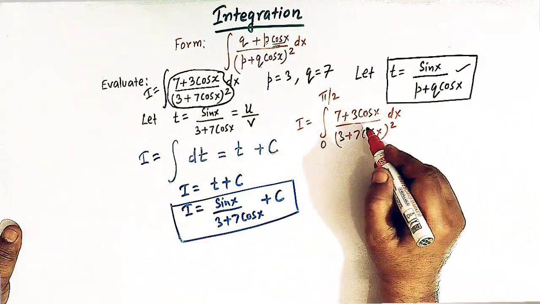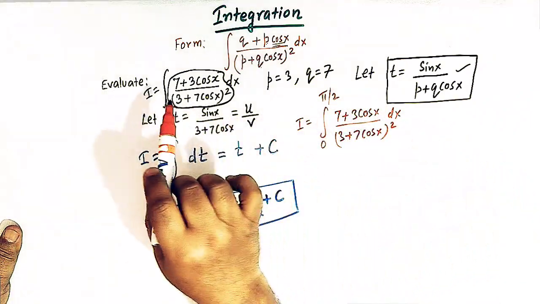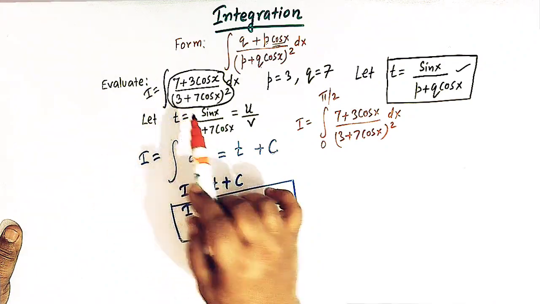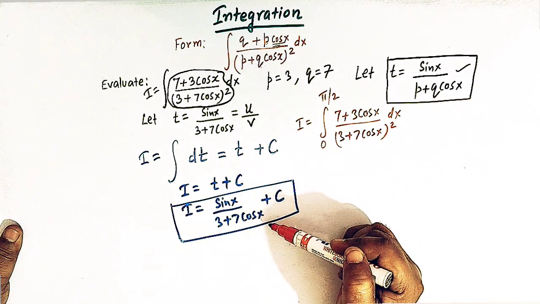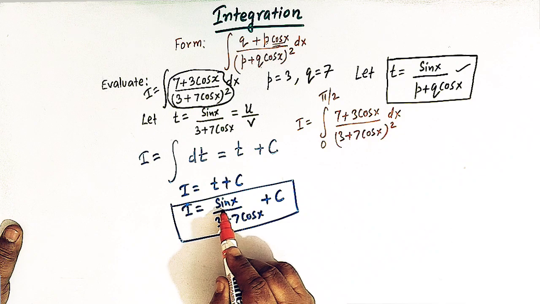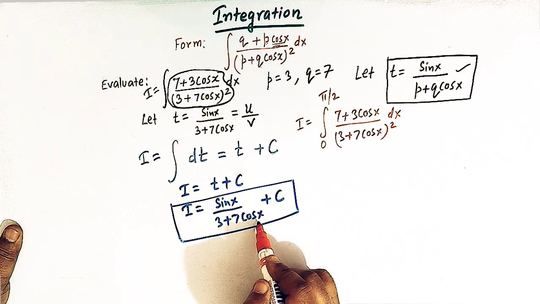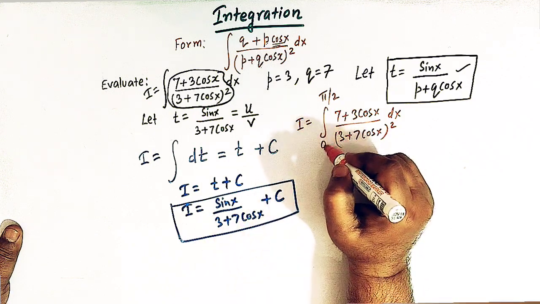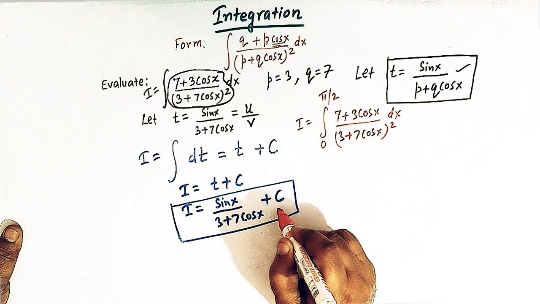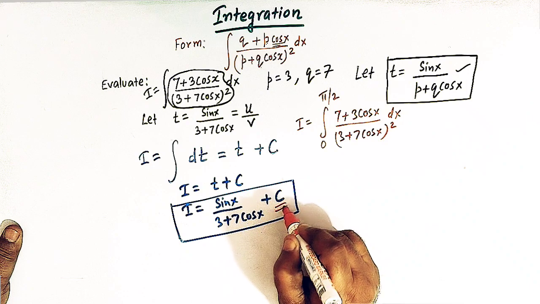So then what we will do, we'll first find the indefinite integral of this function as we have discussed over here, right? And the indefinite integral is given by sine x over 3 plus 7 cos x plus c. So since here we have to evaluate the definite integral, we'll omit this constant of integration.